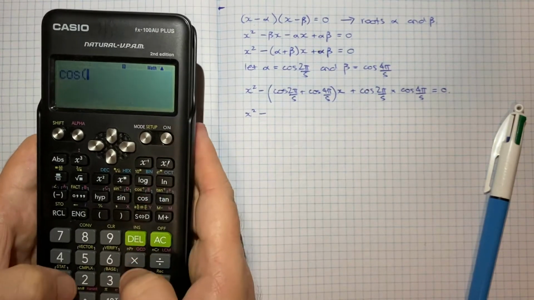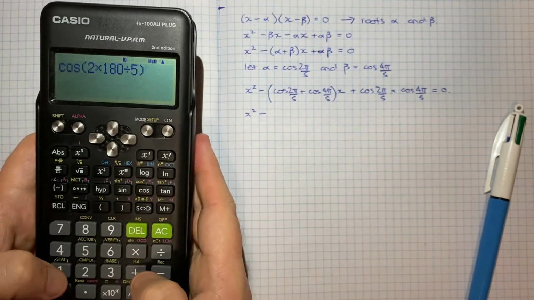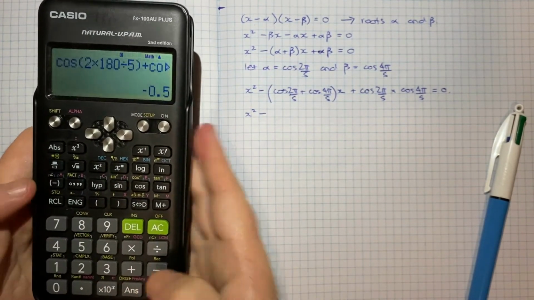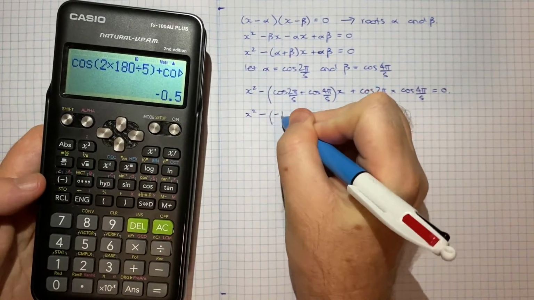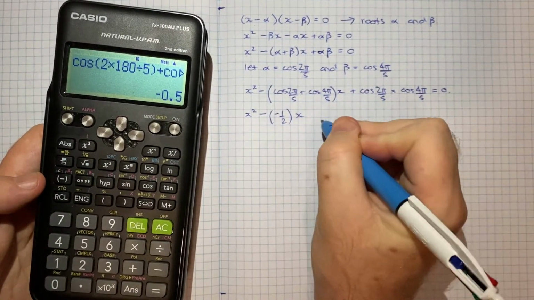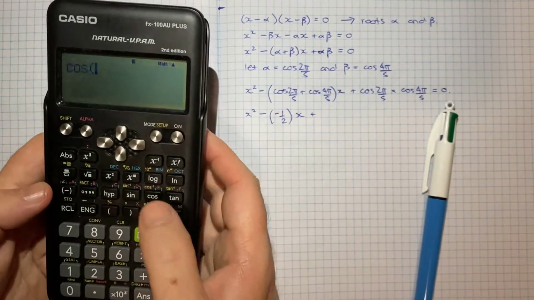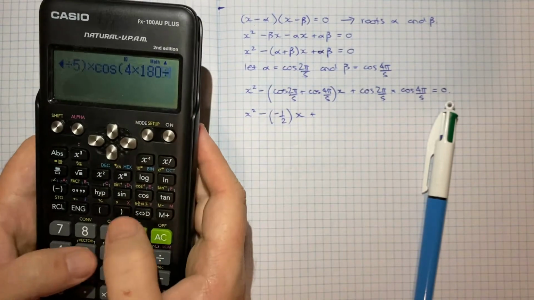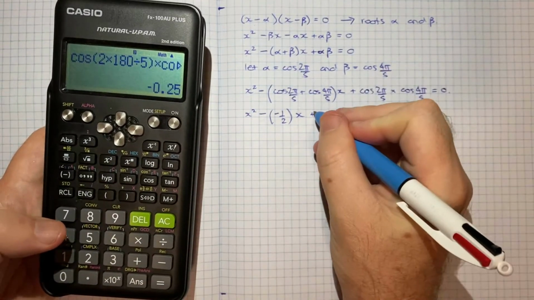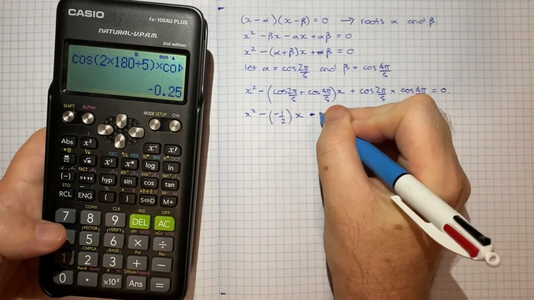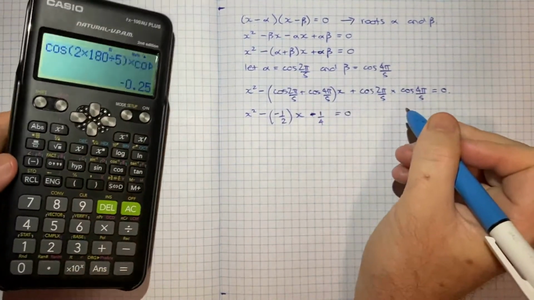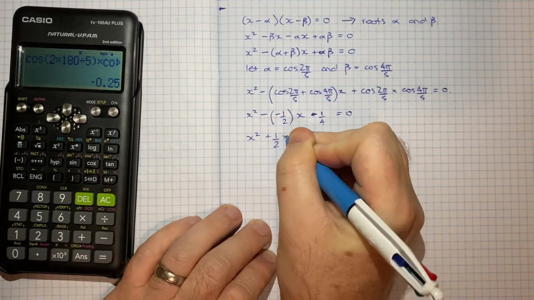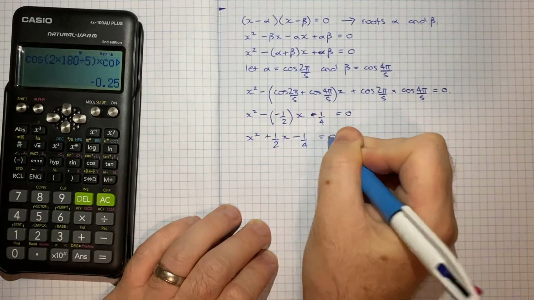So we'll get cos(2 × 180/5) + cos(4 × 180/5), so that's minus negative a half x, plus cos(2 × 180/5) times cos(4 × 180/5), so that's minus 1/4 equals 0. So this will clean up to x² + ½x − ¼ = 0.